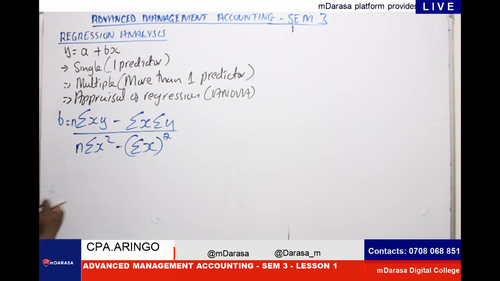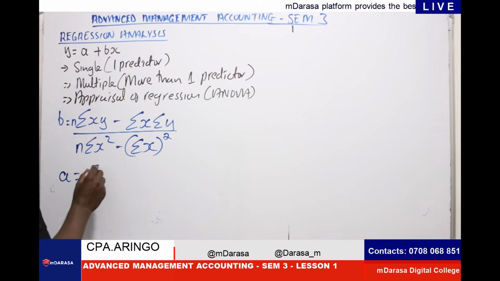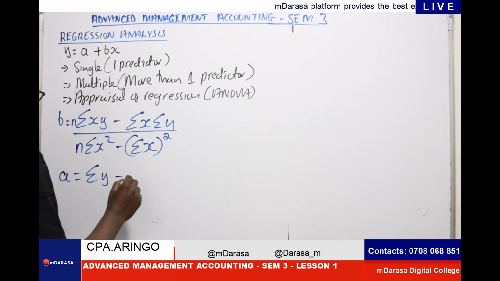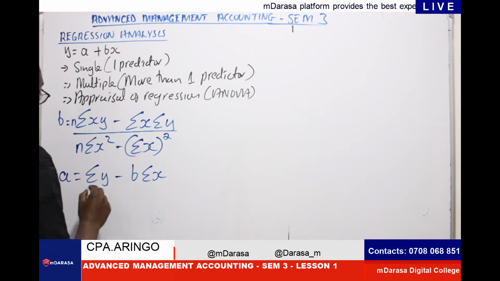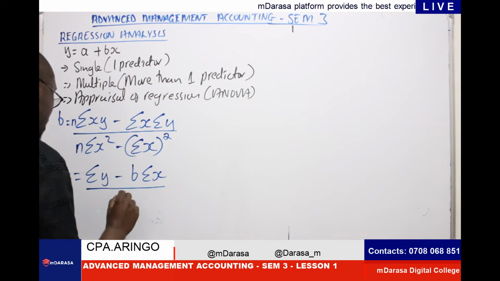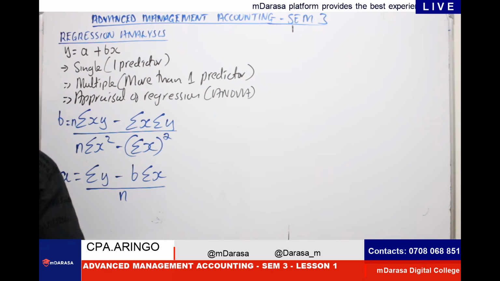So, in this case, we also have to determine the value of a. How will you determine your a? We're looking at a to be summation of y minus b times summation of x, all of this divided by the number of our data values.